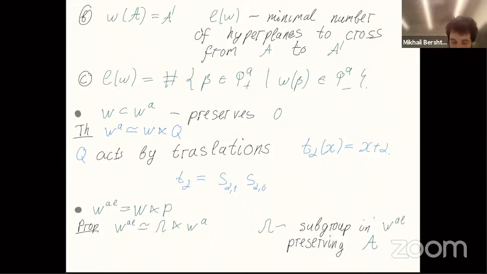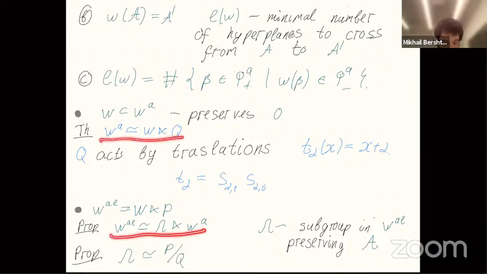It is true. Okay, let me state it as another proposition: Omega is isomorphic to P quotient Q. So this is a corollary of these two formulas. The affine extended group is Omega times the affine group, the non-extended one, times Omega. On the other hand, the difference between affine and affine extended is the difference between P and Q. So this leads to this isomorphism. Okay.